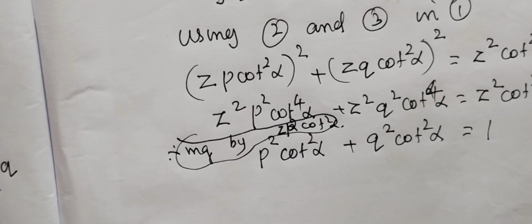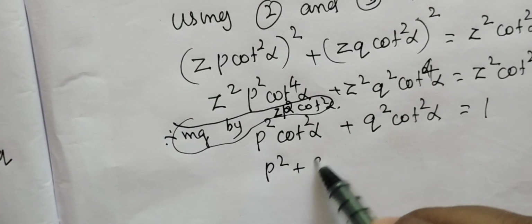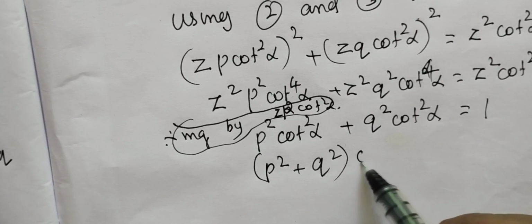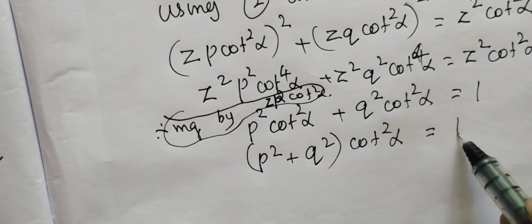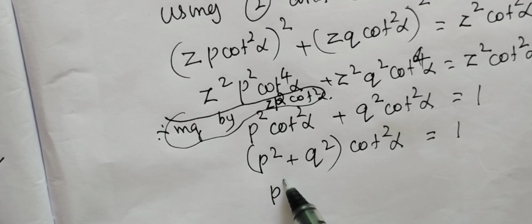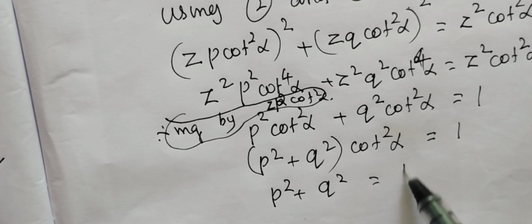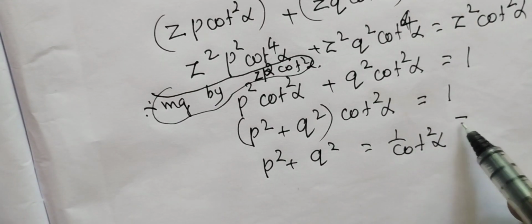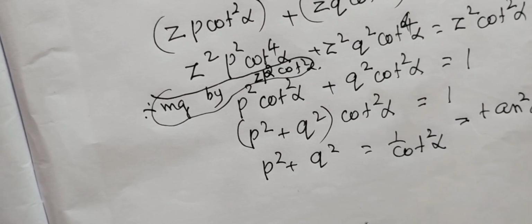So what is the answer? That is p square plus q square into cot square alpha is equal to 1. You take this cot square alpha to the RHS, that is p square plus q square is equal to 1 by cot square alpha, that is equal to tan square alpha.